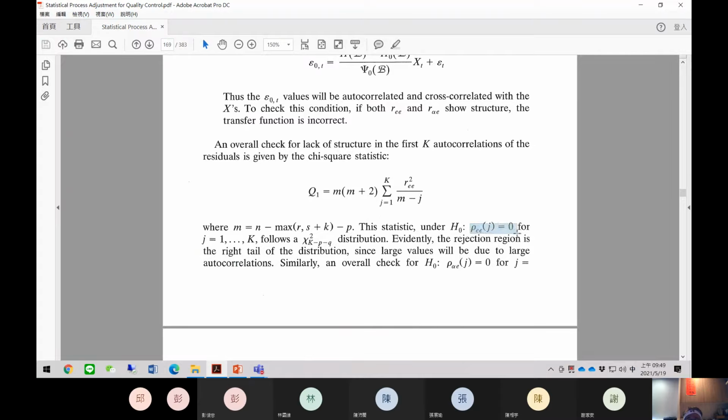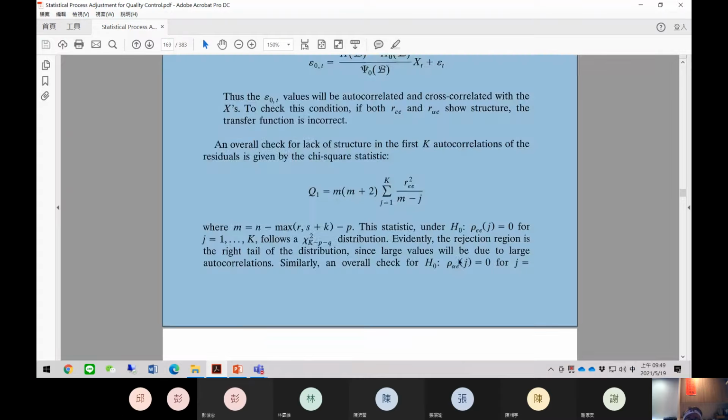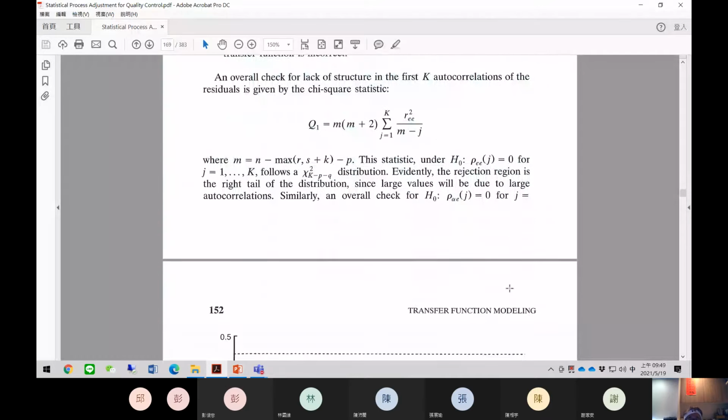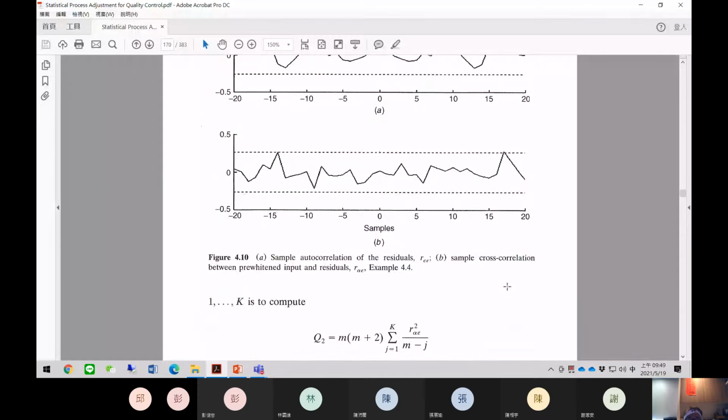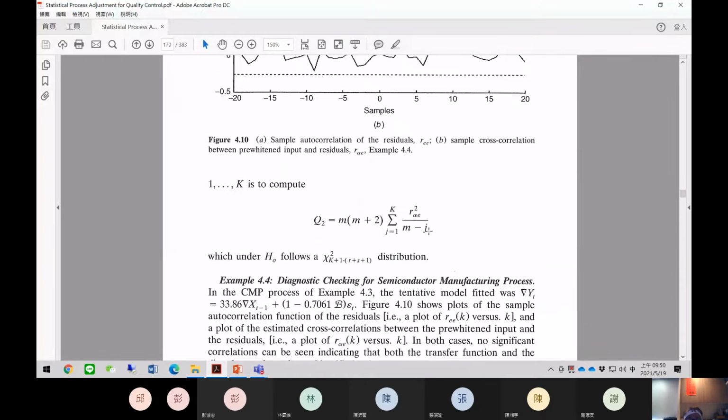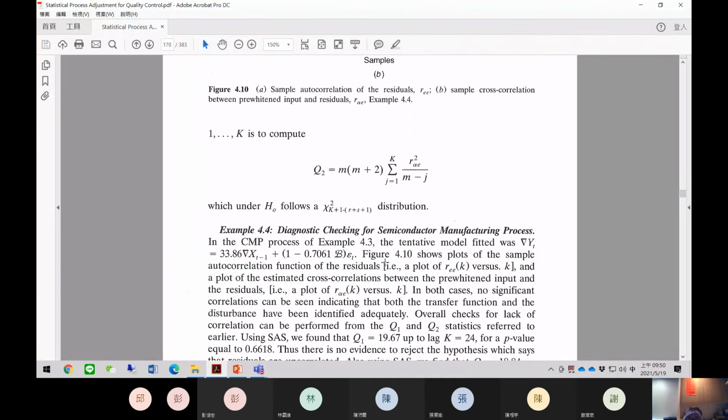In here, this is the autocorrelation, and this is the cross autocorrelation. So we have Q1 and Q2. Q1 is for the autocorrelation, Q2 for the cross autocorrelation, and they also follow the chi-square distribution.